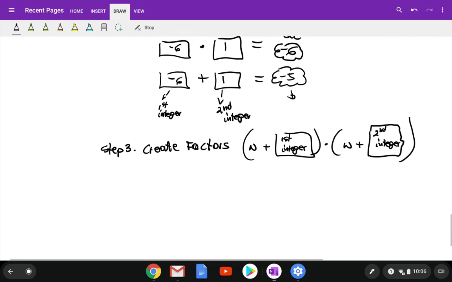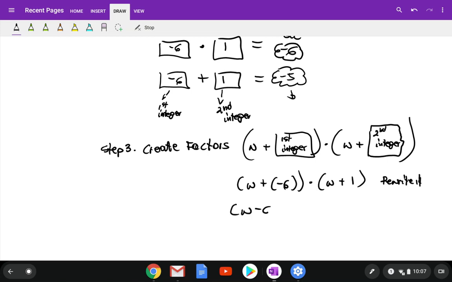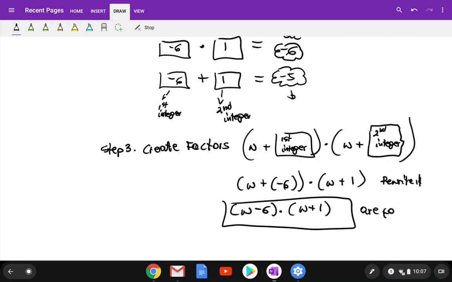In our case we have w plus negative 6 times w plus 1. When you have plus and minus, just rewrite it as w minus 6 times w plus 1. And we have it, those are our factors of w squared minus 5w minus 6.